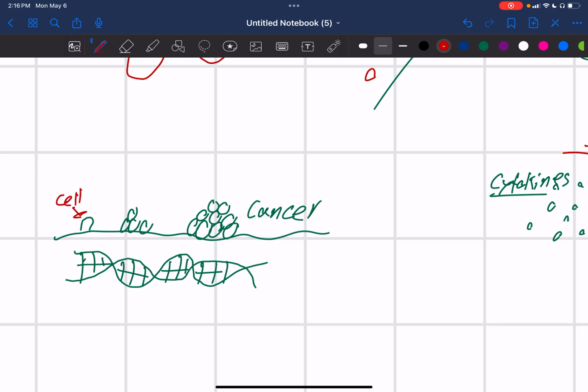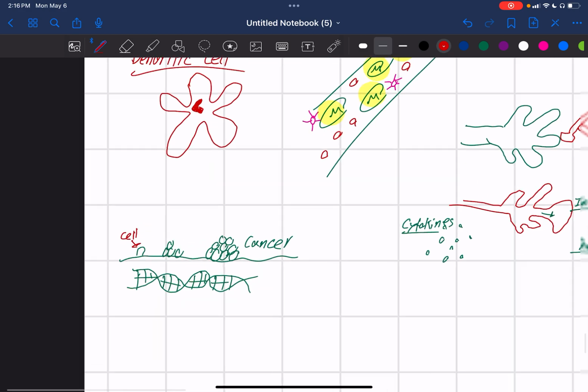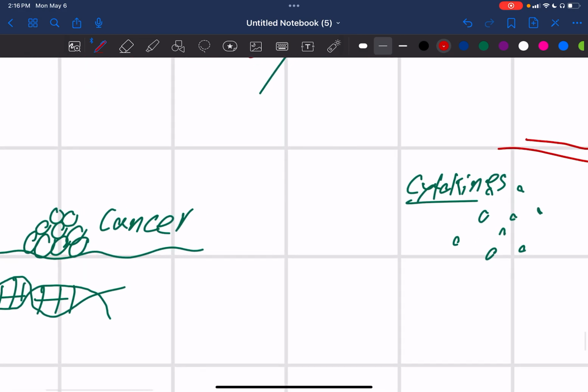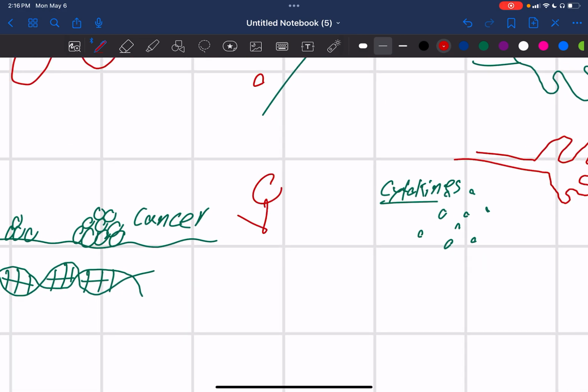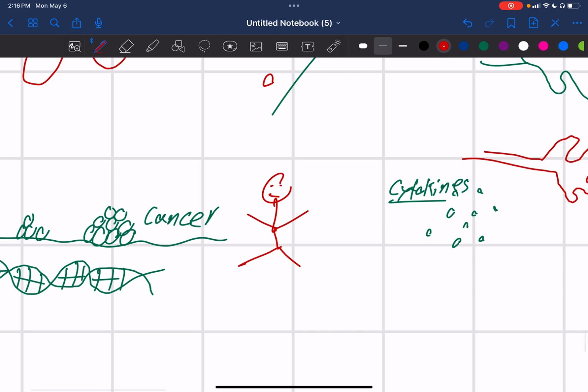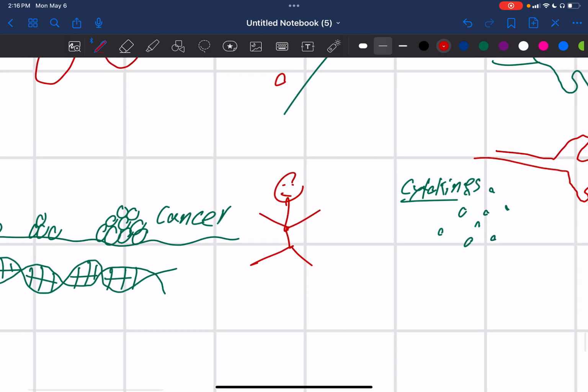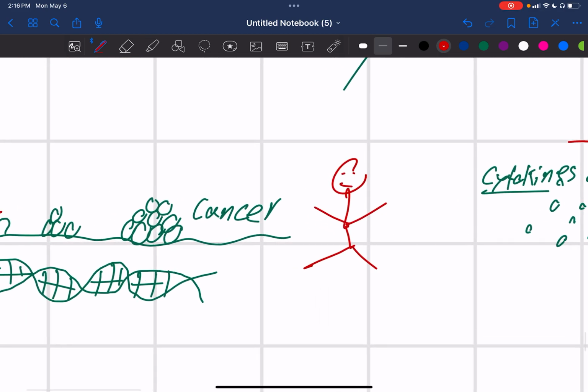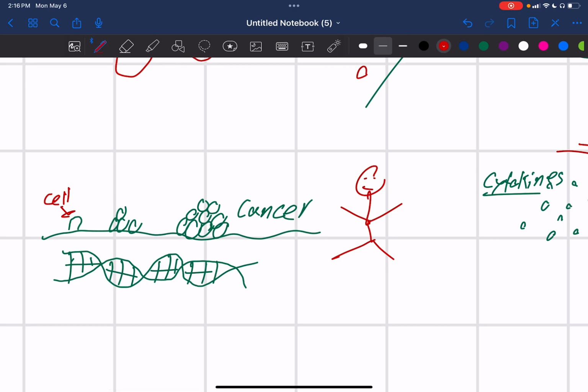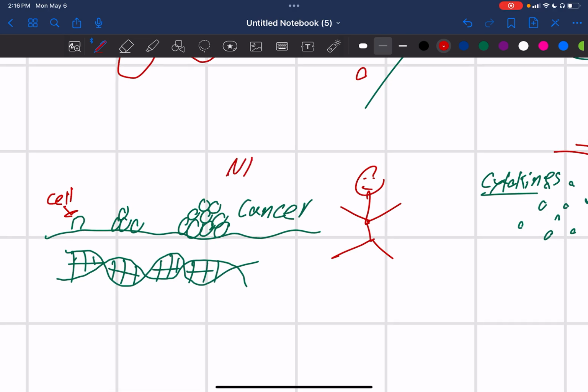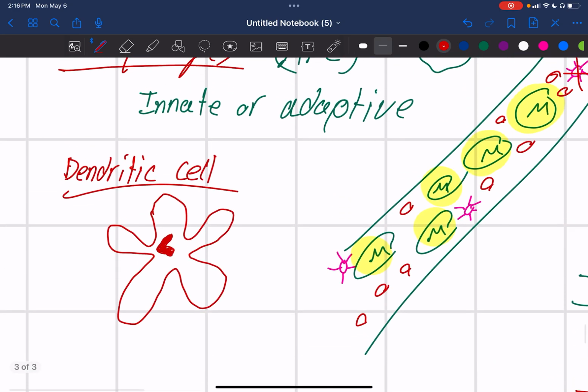So when your immune system is in a healthy state, sometimes we can actually have cancer within our bodies all the time, but since our immune system is so well developed, it can then fight them off. So essentially, these natural killer cells, NK cells, like this, fight off the cancer and they eliminate them.